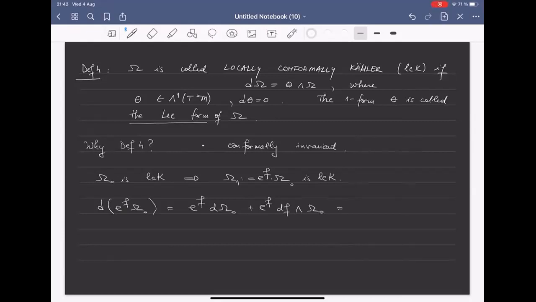And therefore, taking into account that omega 0 itself is LCK, so d omega 0 is theta 0 wedge omega 0, in the end we get that d omega 1 is theta 0 plus df wedge omega 1, since this new metric was baptized omega 1. Okay, so it means that any metric conformal to an LCK metric is again LCK, and the Lee form changed by an exact factor, changed by adding this df.